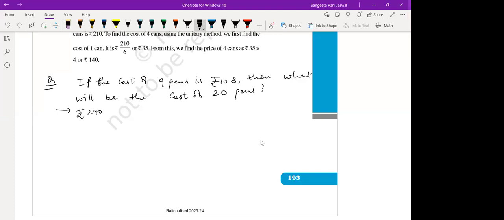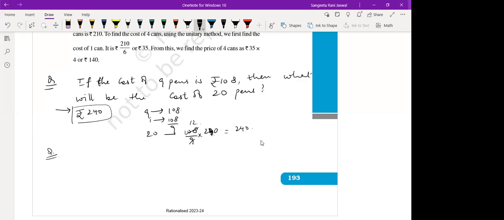So this is rupees 240. Okay, so 9 pens are costing you 108. So that means 1 pen will be 108 by 9, which is 12. 20 pens, when you multiply by 20, you get 240.